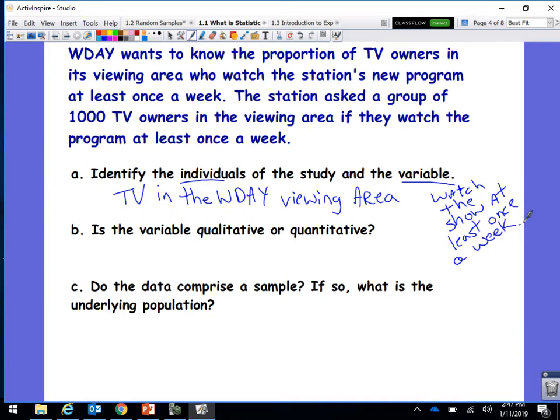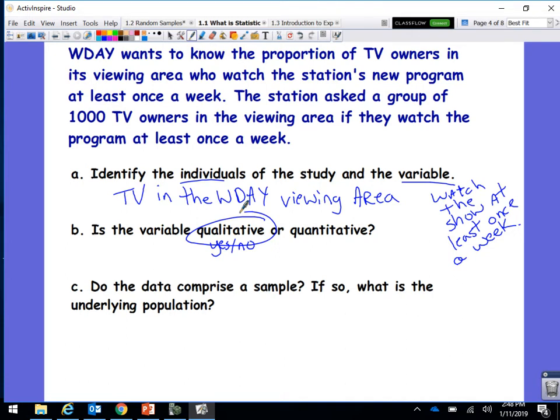Okay. Is this variable qualitative or quantitative? I kind of ask myself, how would the person answer? So if I were to call up one of these 1,000 persons and ask them, do you watch this show once a week? It's not going to be like, hey, I watch it once, twice, 3 times, 4 times. It's going to be a yes or no. So that's how I decided that's qualitative.